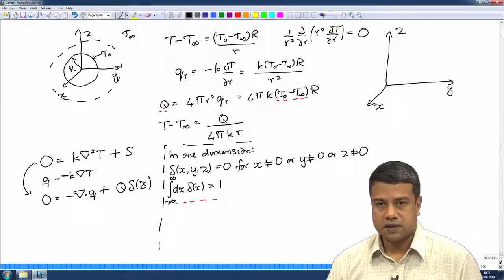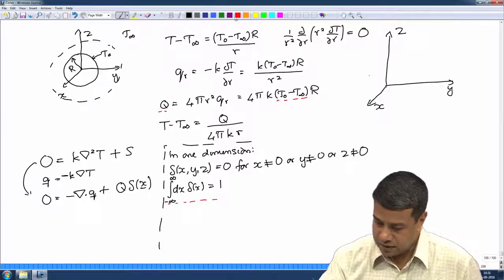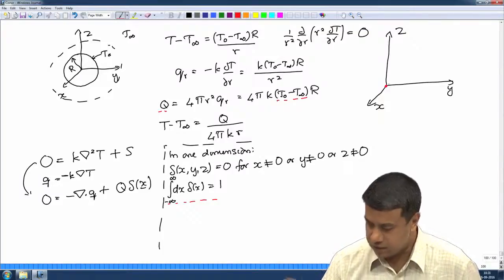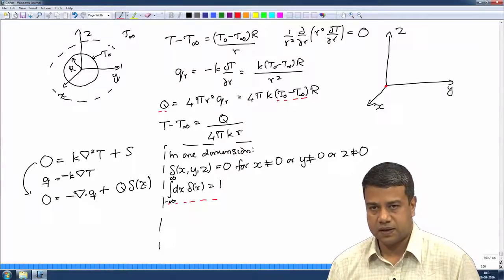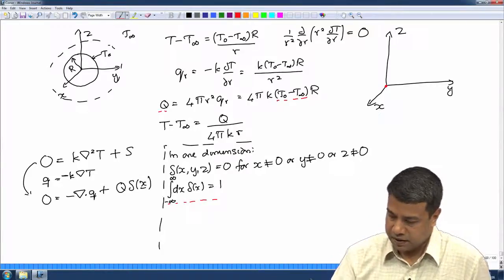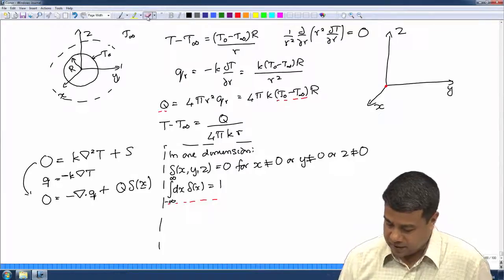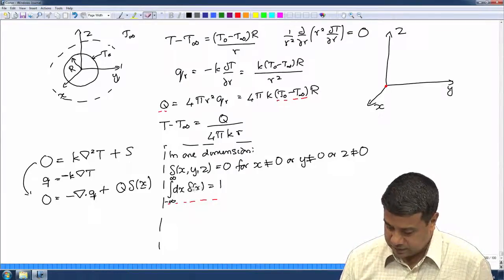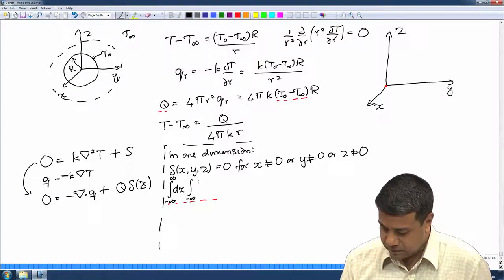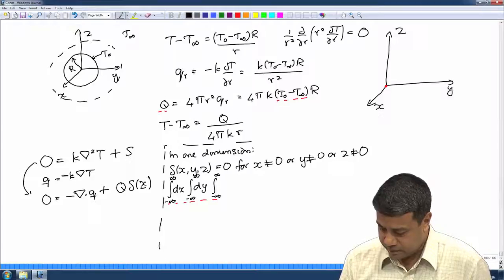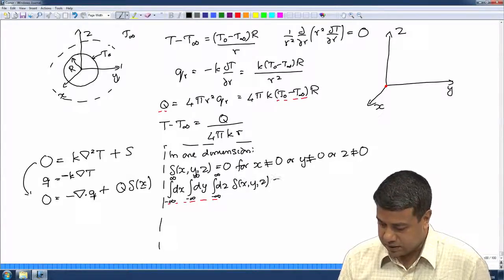So, it is non-zero only when all 3 x, y and z are all 0. And the equivalent of this normalization condition is that the integral from minus infinity to infinity of dx dy dz delta of x, y, z is equal to 1.